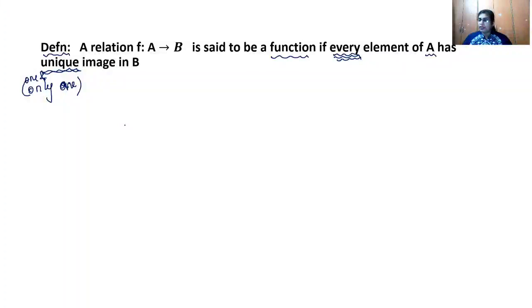Now, for example, suppose A is equal to {1, 2, 3} and set B is equal to {4, 5, 6}.